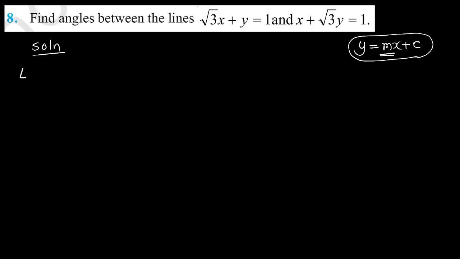So the first line is root 3x plus y equal to 1. I want to convert it to y equal to mx plus c. Y alone is kept on the left side, and root 3x is taken to the other side.